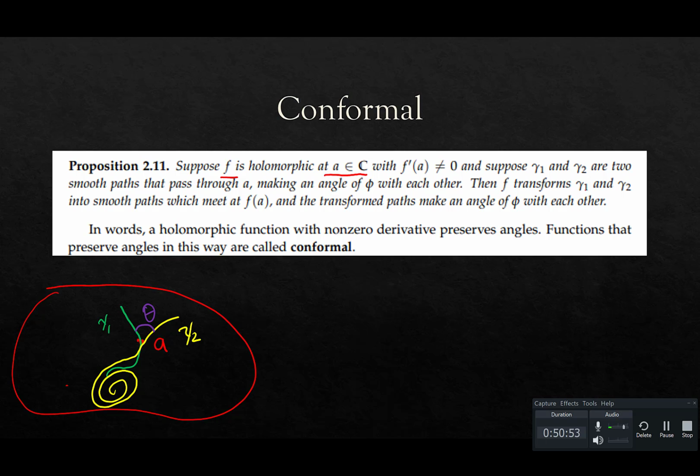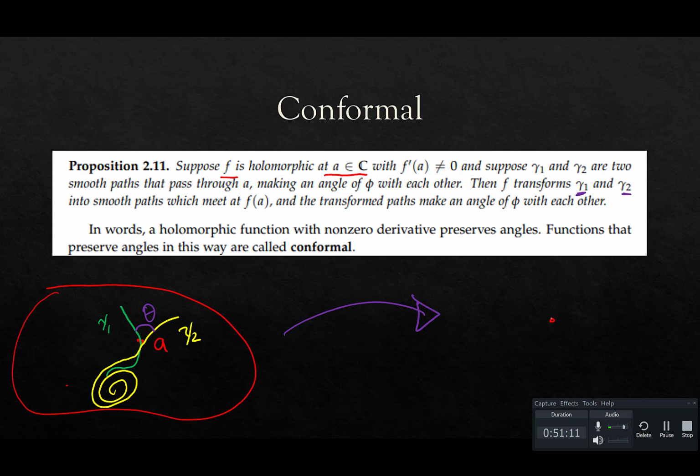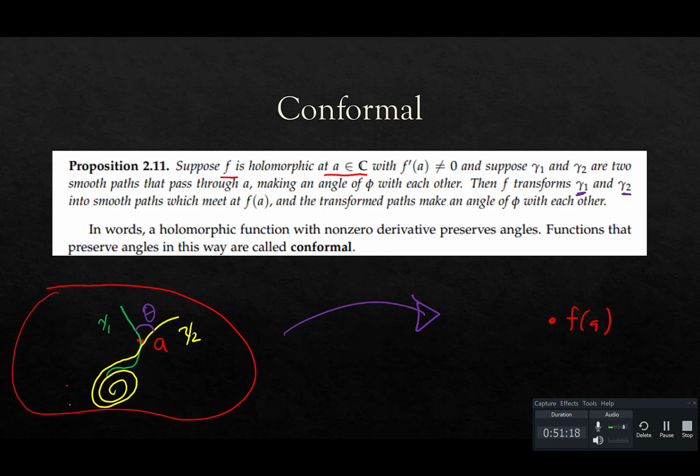then what's kind of cool, or the cool result that we get, is that if you were to look at its image, let's say here's f of a, and let's say the image, meaning what happens to gamma 1 after you plug it in, let's say gamma 1 looks like maybe something like this now.